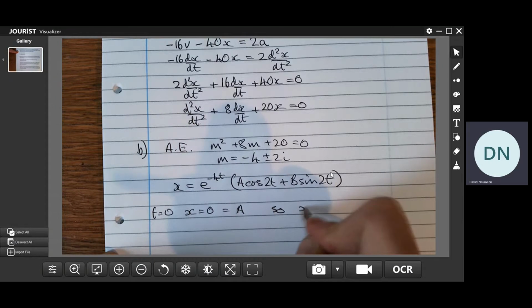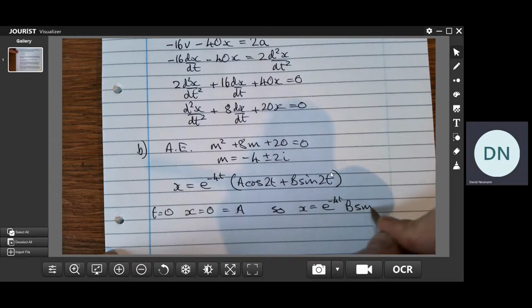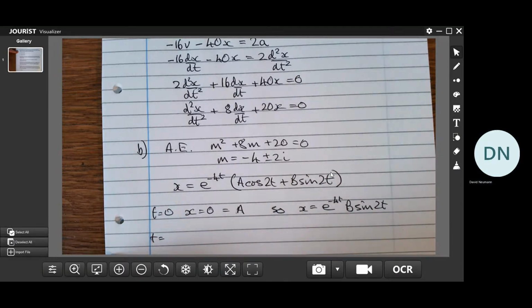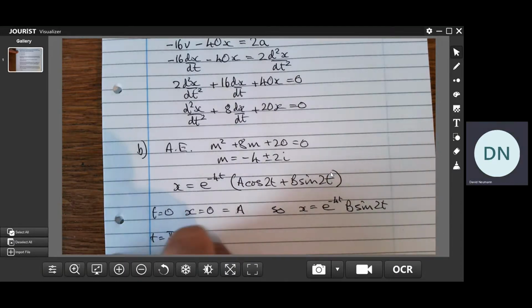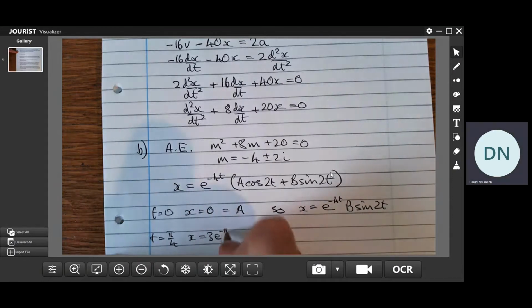So we can write x is equal to e to the minus 4t b sine 2t, and t is equal to pi over 4, x is equal to 3e to the minus pi.